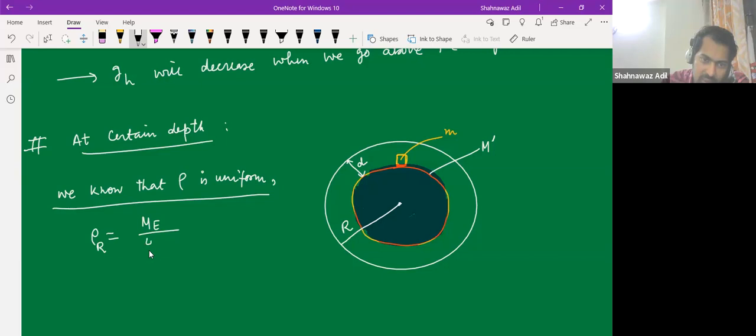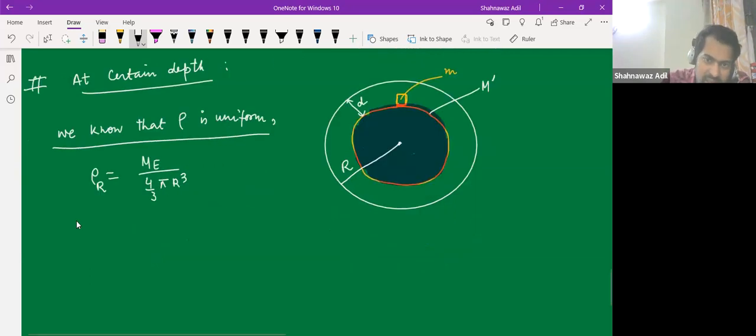This is 4 by 3 pi R cubed. And at a certain depth, let's say we are calculating from here to here, how much is this R?